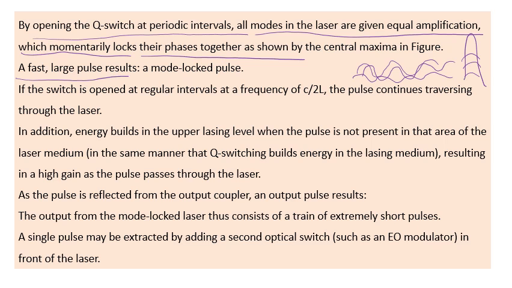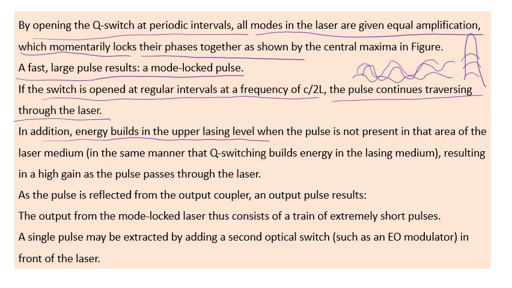A fast large pulse results, a mode-locked pulse. If the switch is opened at regular intervals at a frequency of c/2L, as we discussed before, the pulse continues traversing through the laser and we get the mode-locked pulses.